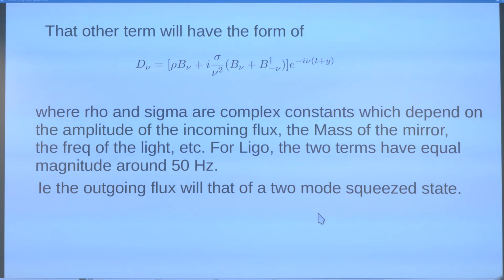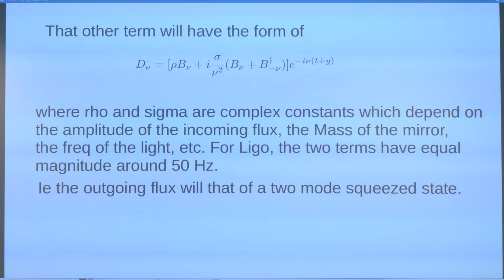So if you collect all these terms together, one gets that running into the photomultiplier, the annihilation operators, the thing associated with e to the minus I nu t, that are going to be detected by the photomultiplier, has a form that looks like this. Oops, I erased it. That's exactly the form of an amplifier or of a two-mode squeeze state.